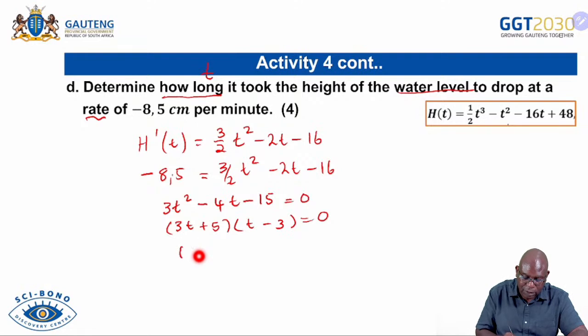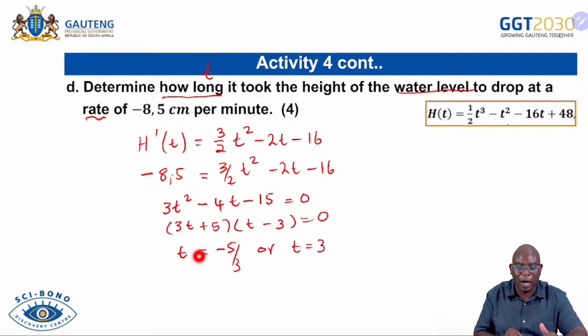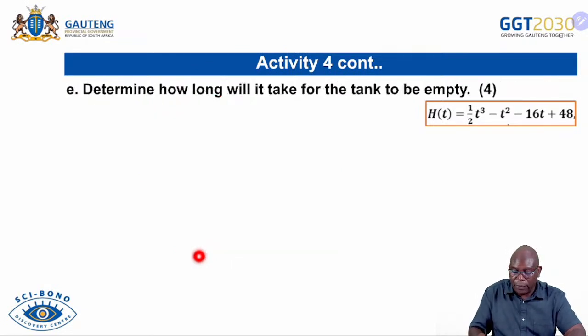So t equals minus 5 over 3, or t equals 3. What did we say about time? The first one is not applicable because you cannot have a negative 5 over 3 minutes. So my correct answer there will be t equals 3. If I substitute t by 3, then I get minus 8.5.